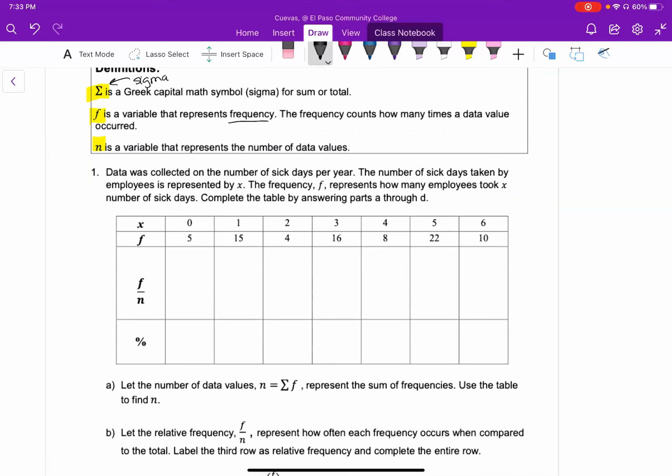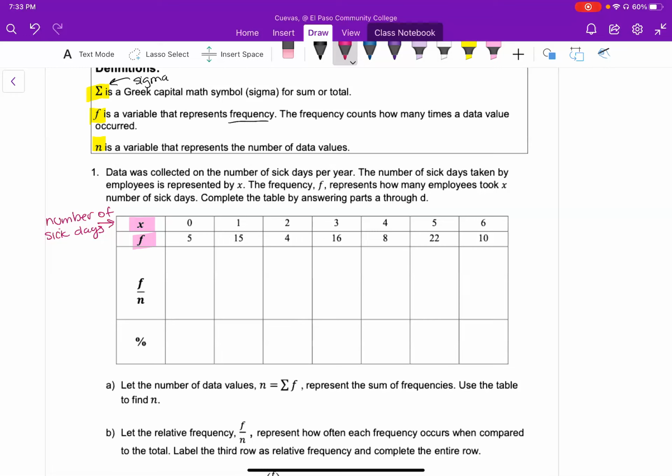So I'm going to come in here and I'm going to label the things that I learned about. So X represented the number of sick days taken by an employee. I like having that next to the table instead of having to look through the paragraph to read it.